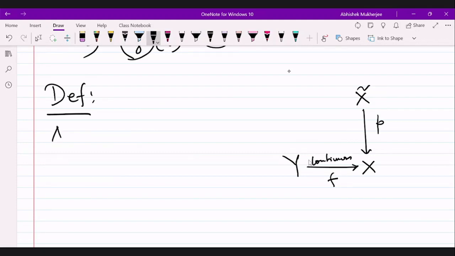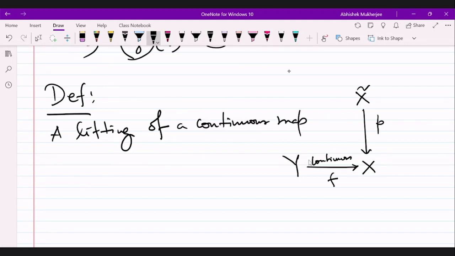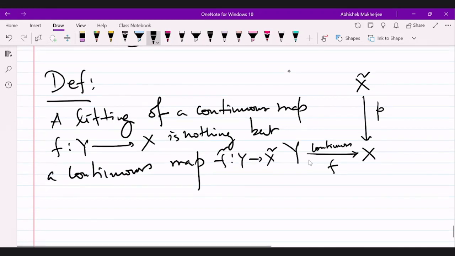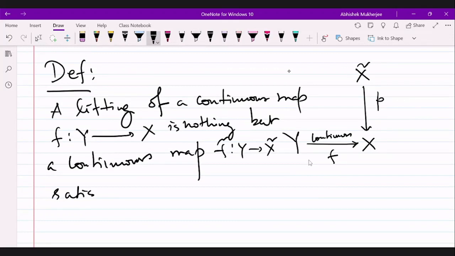So the lifting of a continuous map f from y to x is nothing but a continuous map f tilde from y to x tilde, satisfying that the diagram commutes, that is, p composed f tilde should be f.